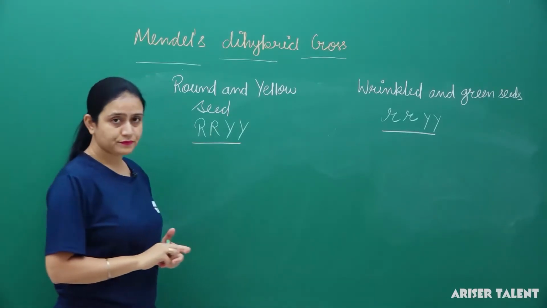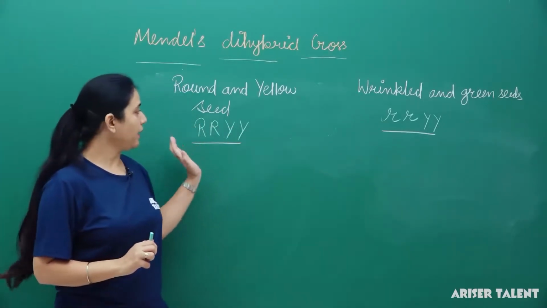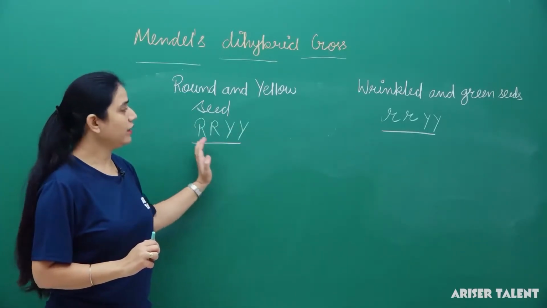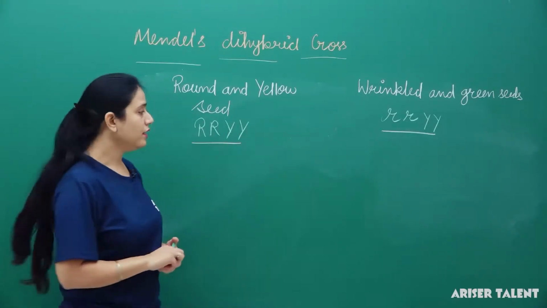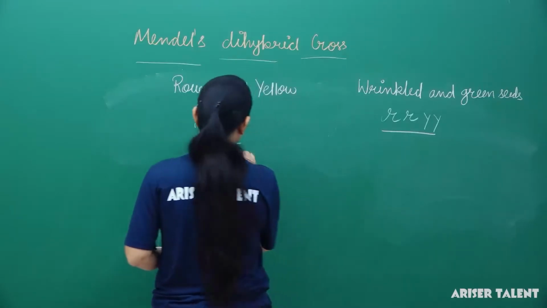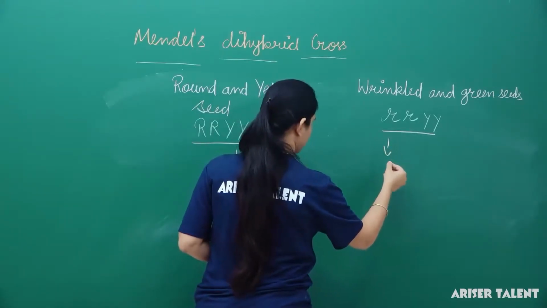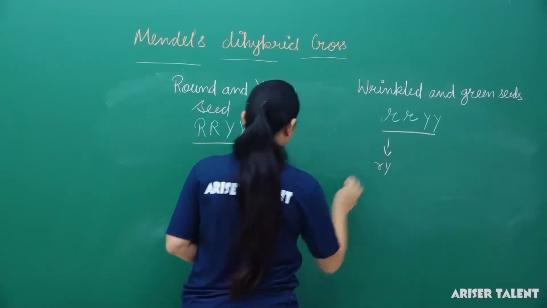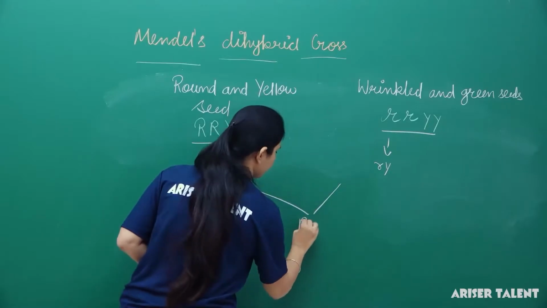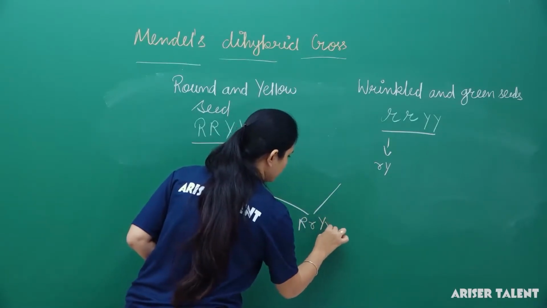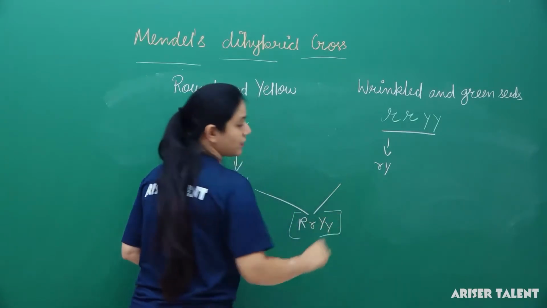When he did the cross-pollination between the plant which has round and yellow seeds and another plant which has wrinkled and green seeds, what did he find? He found that in the F1 generation all the plants were round and yellow.